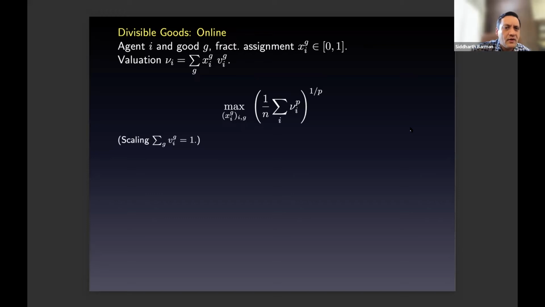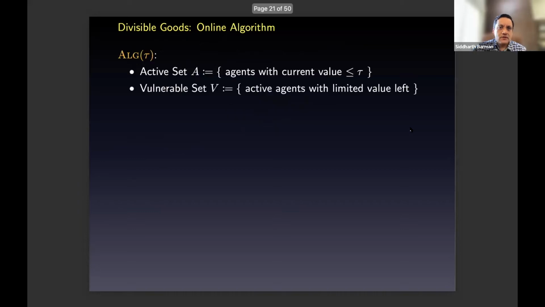There'll be points where I'll skip low order terms and so on. It's more the intuition and the proof sketch than the exact details. So here's the algorithm. In fact, it's a 3-line algorithm. What's impressive about it is that this algorithm will work for all values of p.